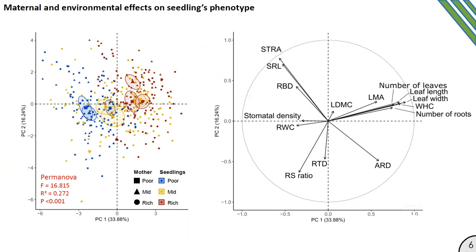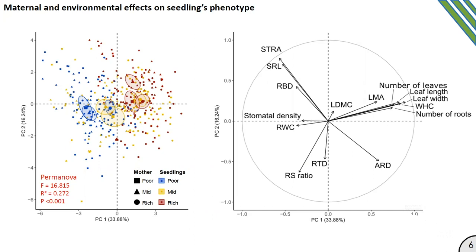We can see that on the horizontal axis, basically we have traits relating to biomass. So plants on the right would be bigger and plants on the left smaller. And on the vertical axis, we have traits related to the roots, and they won't be as important in the following.